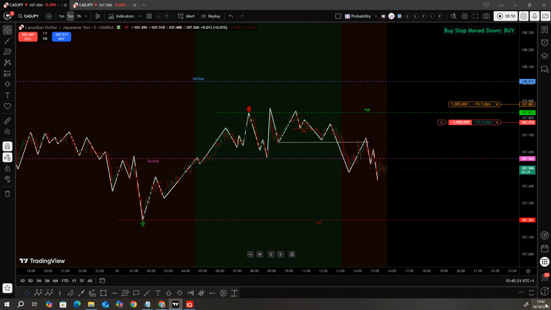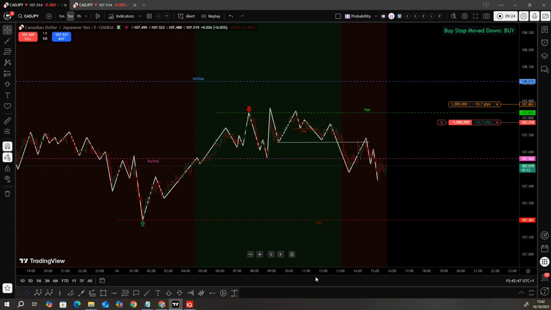Okay, time now is 3:42. We've made progress in terms of two things. The change of character break was confirmed. The main break, which was the higher low that failed the second time, has now been confirmed.